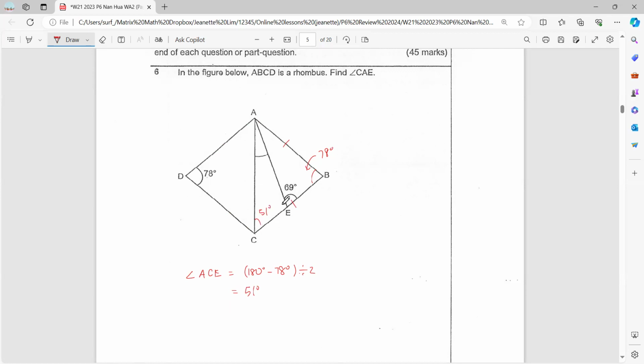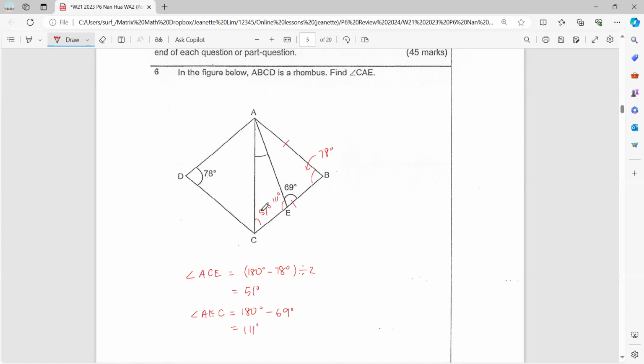Okay, next let's find out what's this here. Angle AEC. (180 minus 69), which is 111 degrees.